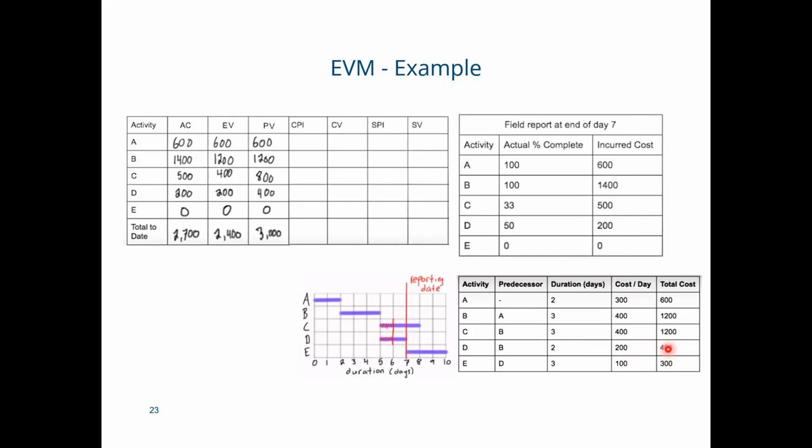So the planned cost for the activity D is 400. Here again, for activity E, we haven't scheduled anything yet, so the value is 0. So when we make the total of this column, it will become 3000. So if everything is going according to our plan, it costs $3,000 by the end of the day 7.